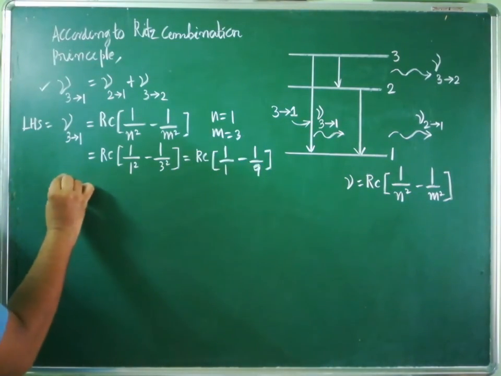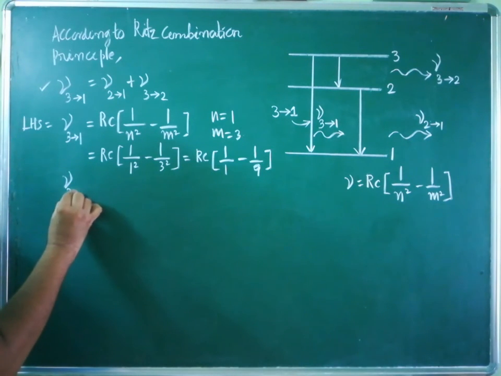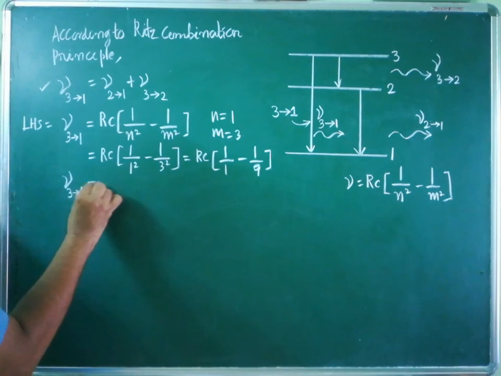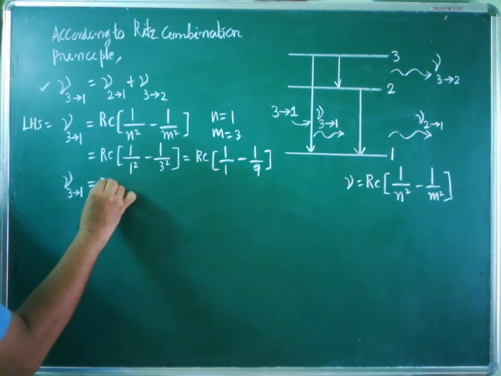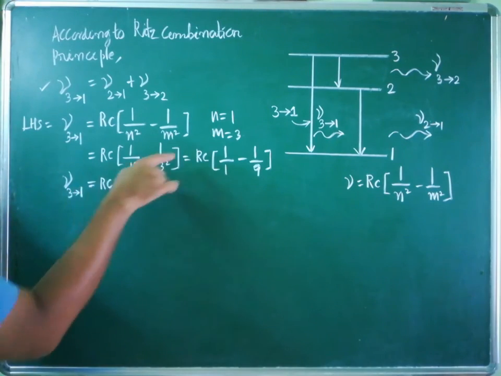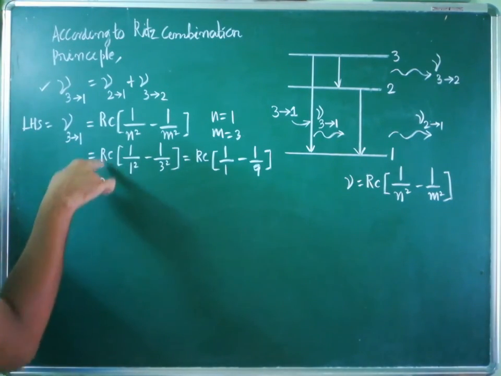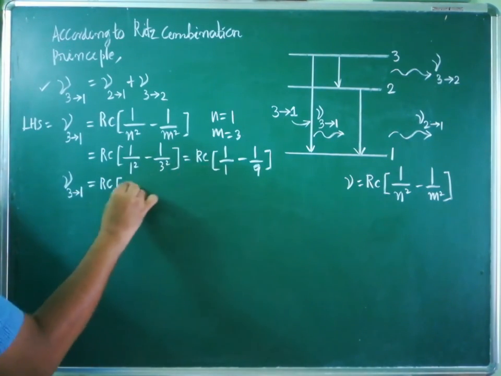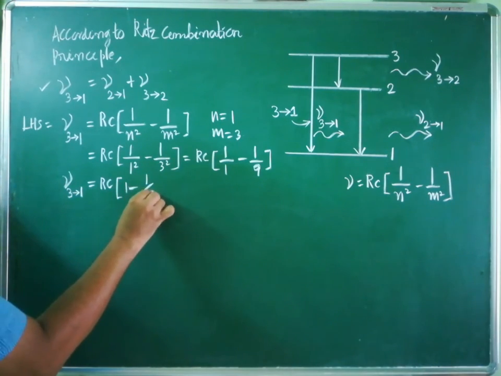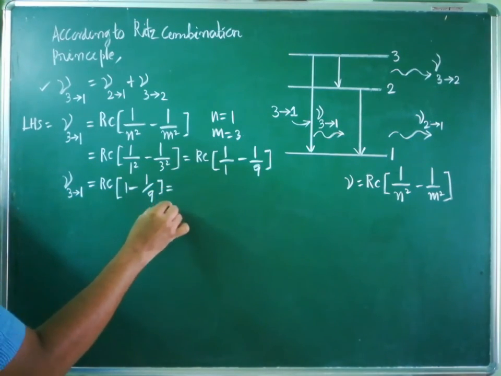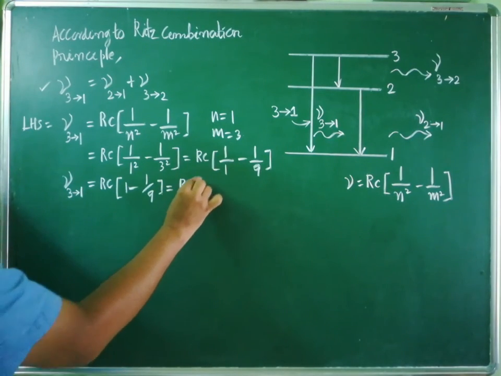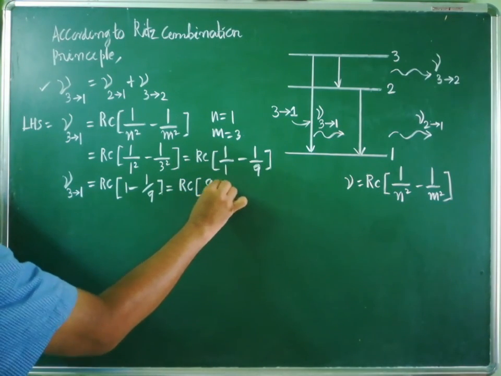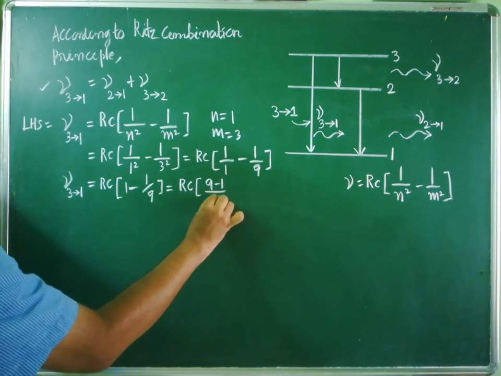After simplification, the frequency of the emitted radiation can be calculated using the same formula, RC (1 minus 1 by 9). Take the LCM and you get RC times (9 minus 1) divided by 9.